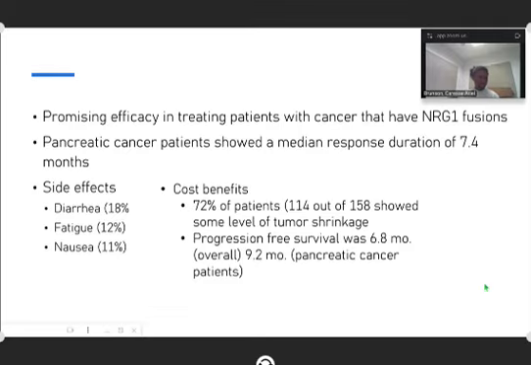The progression-free survival, which is how long patients lived without their cancer worsening, had a confidence interval of 5.5 to 9.1 for the overall group, and 5.5 to 11.2 for pancreatic cancer patients.